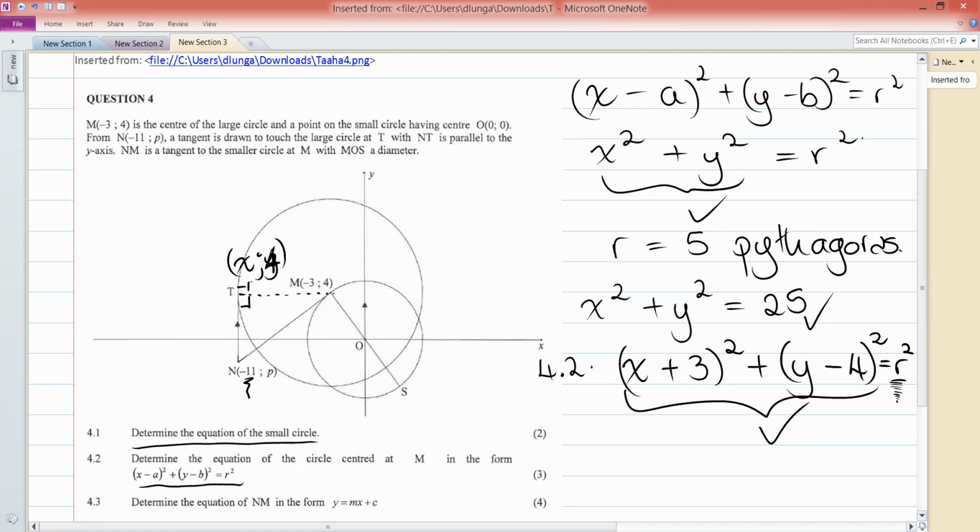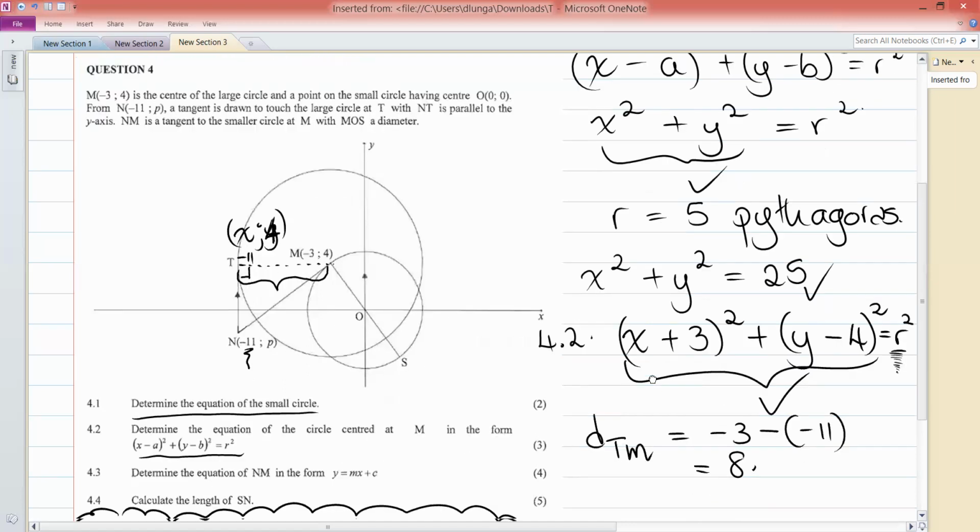So if it's negative 11, what is the distance from negative 11 to negative 3? Plus 8. Right, perfect. So the distance from T to M, if you need to show your working, you just say minus 3 minus 11, and it gives us 8.